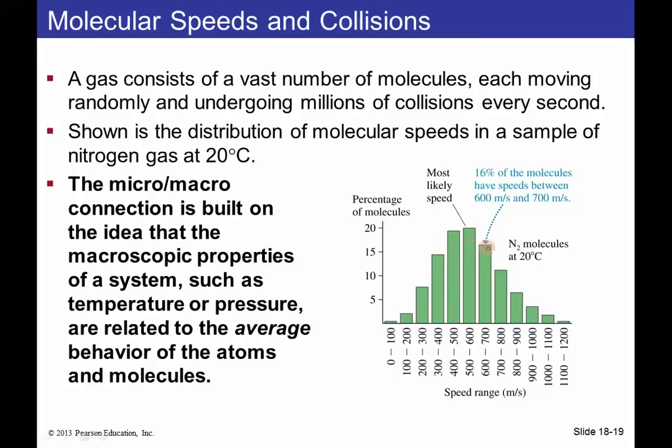This is another 16 and 16, so this is 30. So this is about 70% of all the particles. They have speeds between 300 and 700 meters per second for nitrogen. And you can get an average speed of that, right? You can sum all the velocities of all the particles and then divide by the number of particles, and you get an average speed.